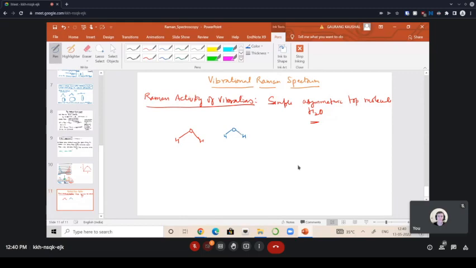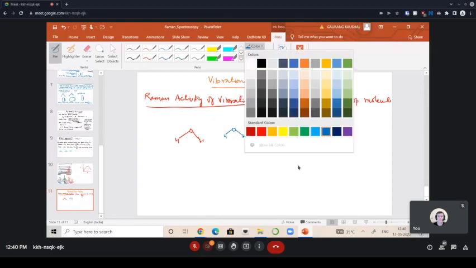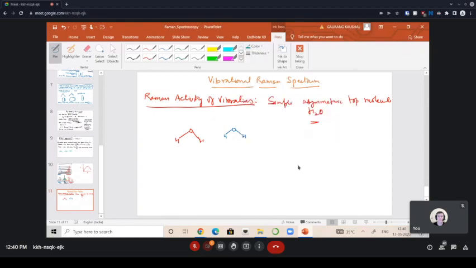Now the third possibility is that I can expand this bond, so the expansion of this bond is like this. This is called the symmetric stretching mode.